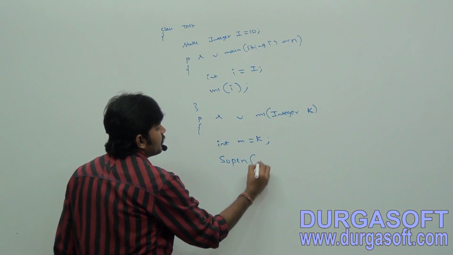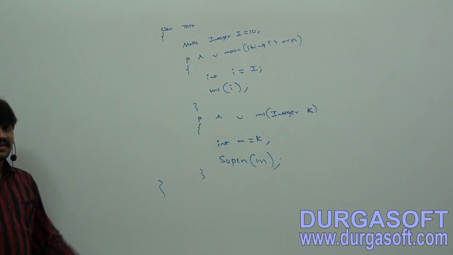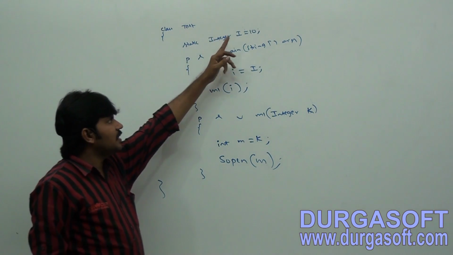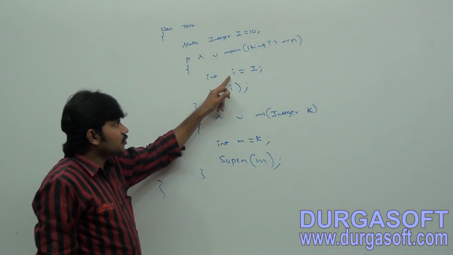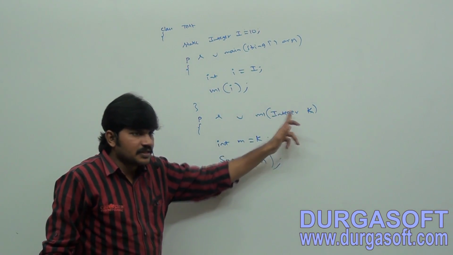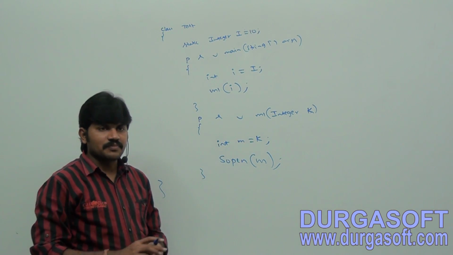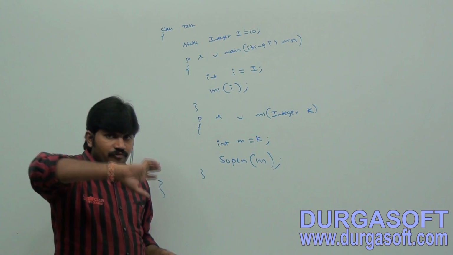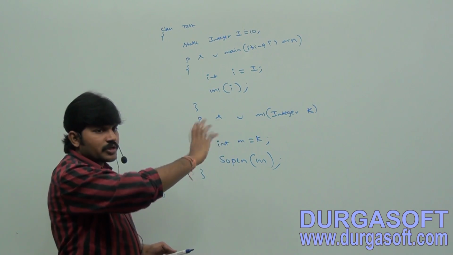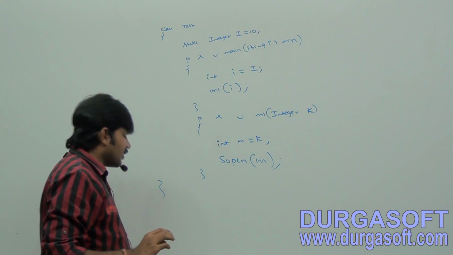System.out.println of m. Are you getting? Static Integer I is equal to 10, int small i is equal to capital I, m1 of I. This m1 is expecting Integer type. Now k I am trying to assign to the primitive, now SOP of m. Almost all possible combinations between wrapper object and primitive. So can you tell, is it valid or not?